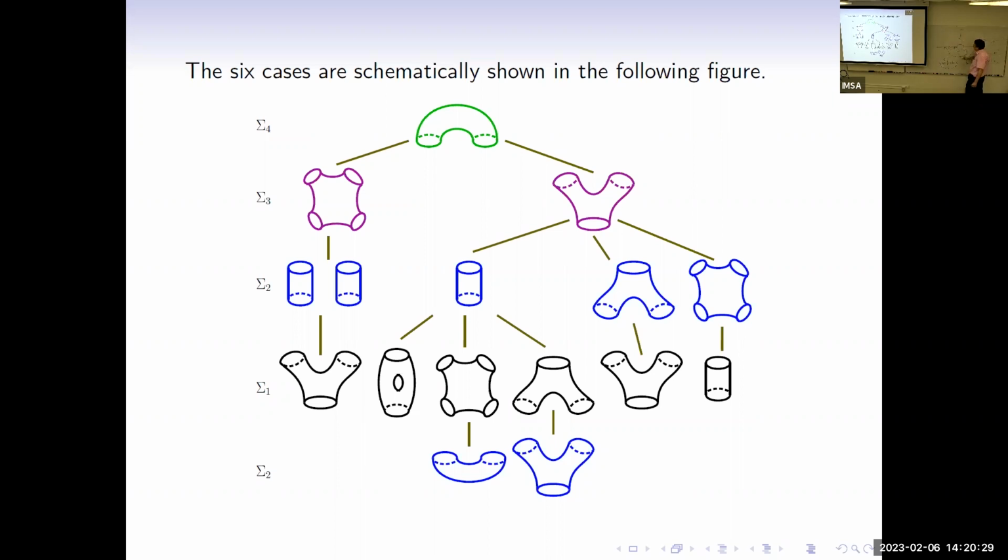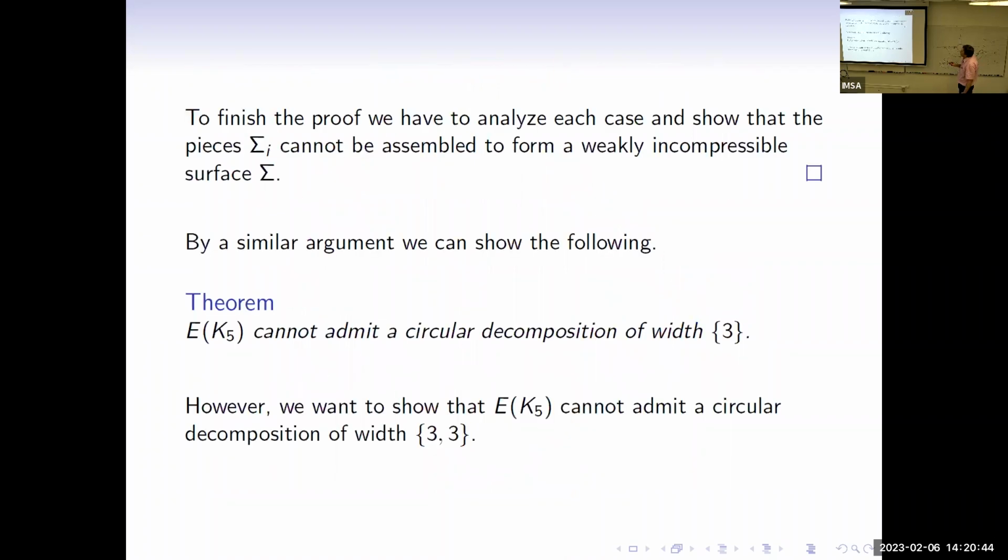But this cannot be. We show that this cannot be accepted. So just to finish the proof, we analyze this case and so that cannot be accepted.